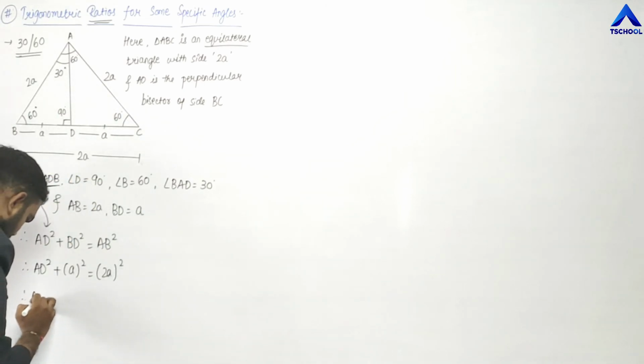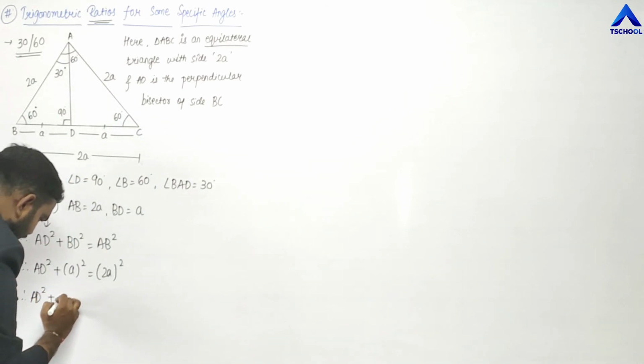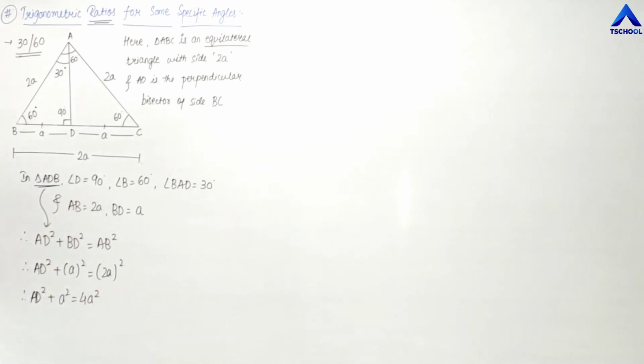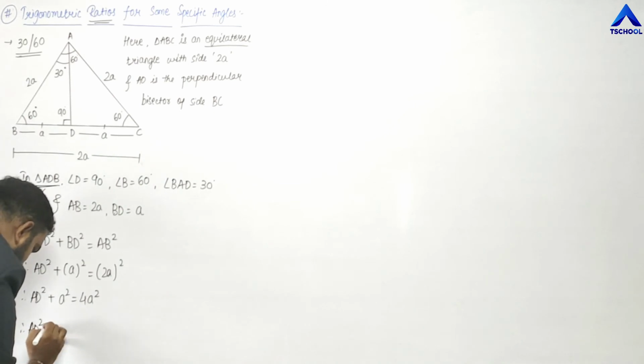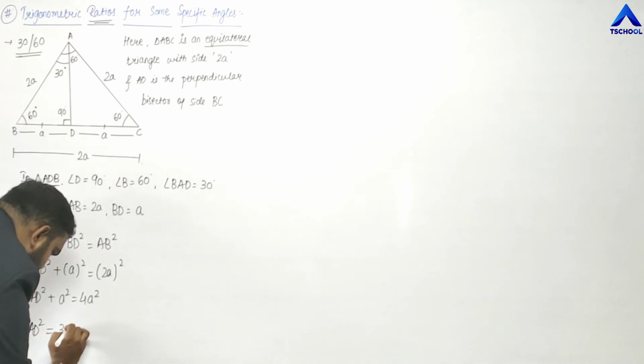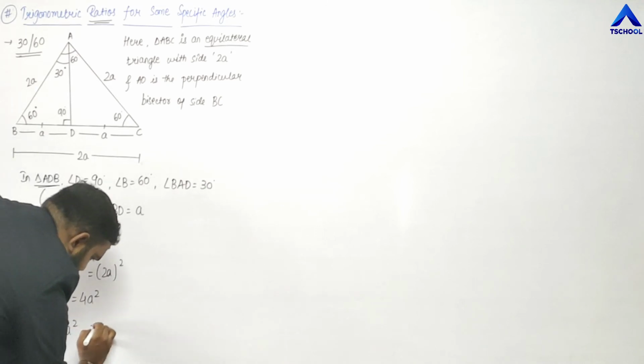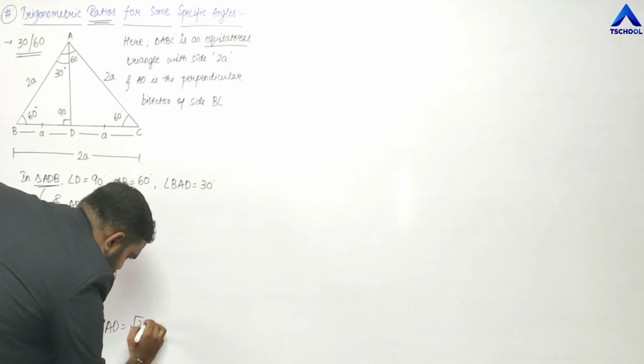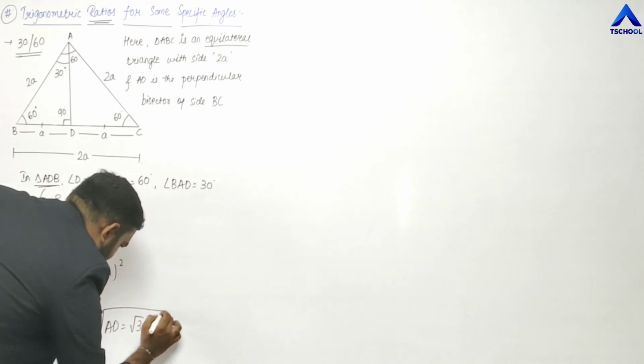Therefore AD square plus A square is equal to 4A square. Therefore AD square is equal to 3A square. This implies AD is equal to root 3A.